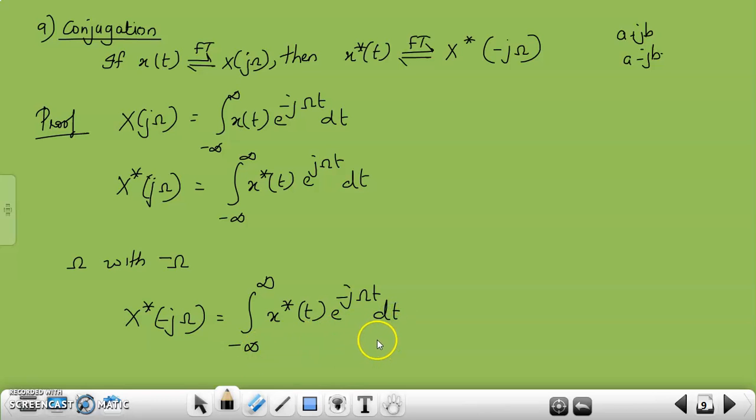So here also you are getting an expression like a function into e raised to minus j omega t dt. That means this is the Fourier transform of that function, denoted as x star of t. Or I can say the Fourier transform of the complex conjugate of a function is equivalent to x star of minus j omega. So hence we can prove the conjugation property.